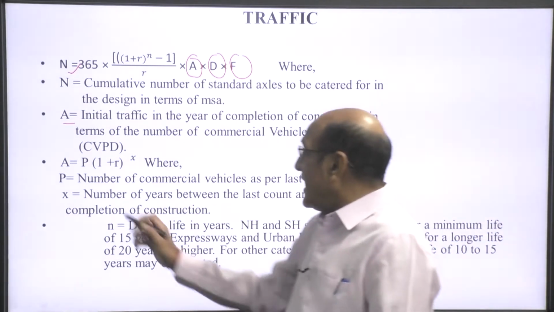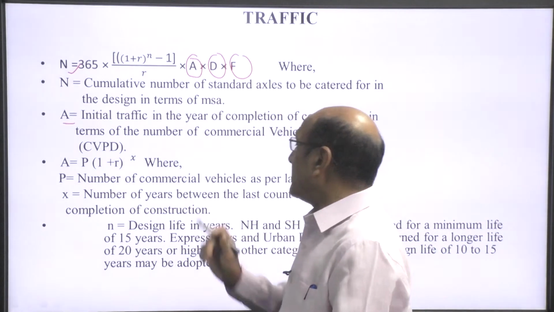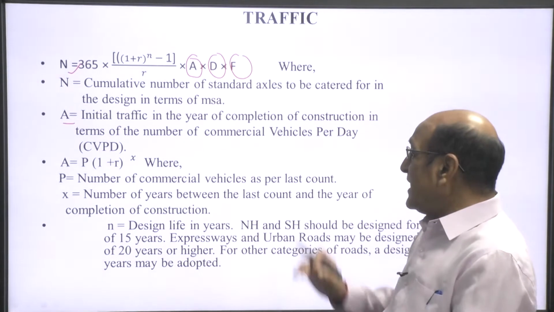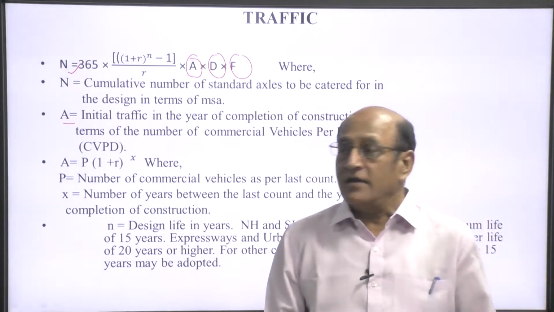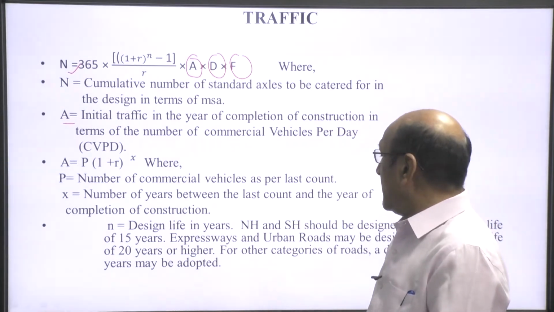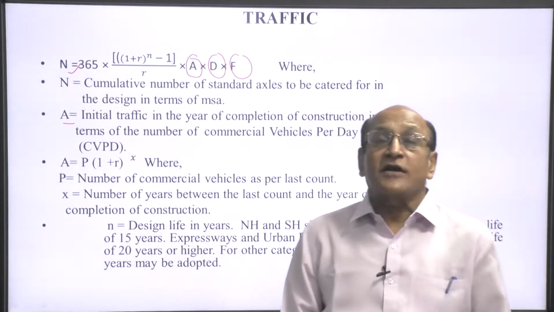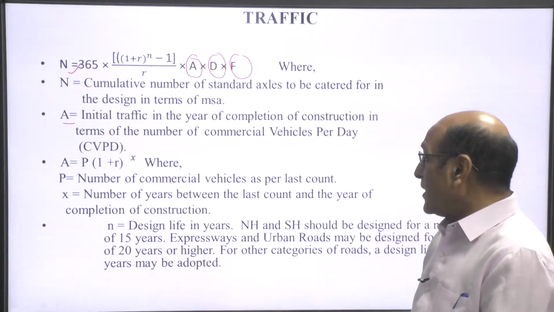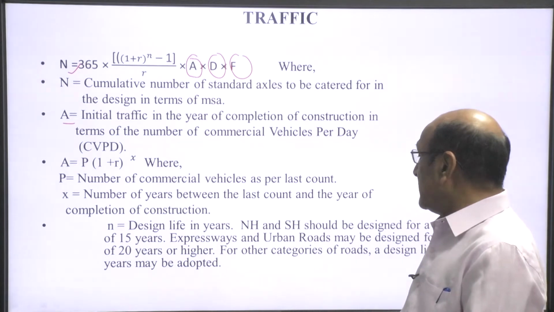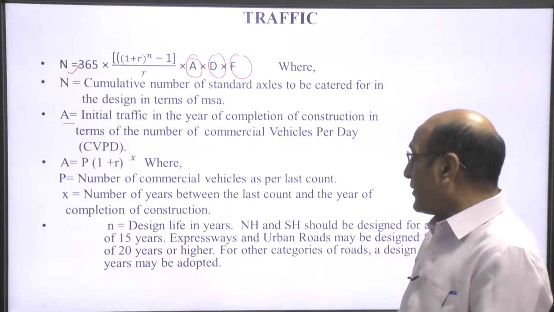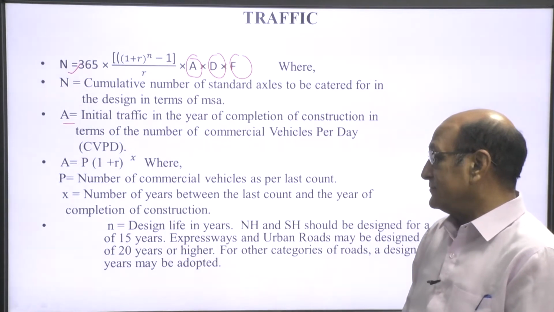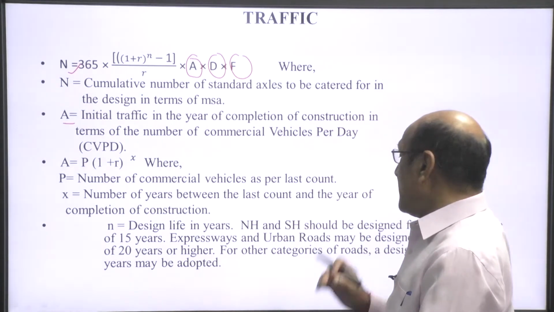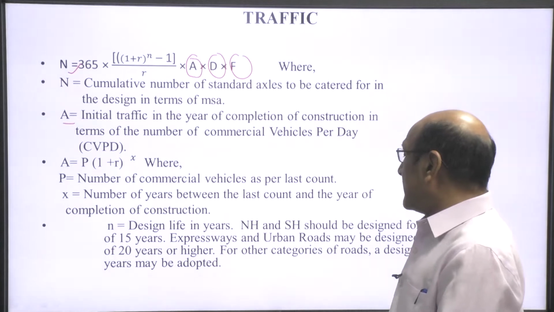So, here A will be equal to P (1 plus r) to the power x. Here P is the number of commercial vehicles as per last count, x is the number of years between the last count and the year of completion of the construction, and n is design life in years.